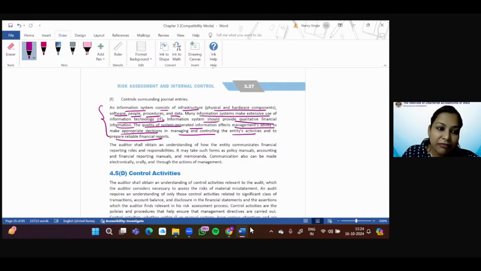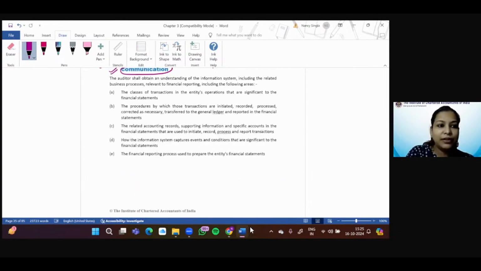So this paragraph basically defines what an information system is and why it is an important component of your internal control. If it generates qualitative financial information, that will help the management to take appropriate decisions. Simple. This paragraph is simple, right?